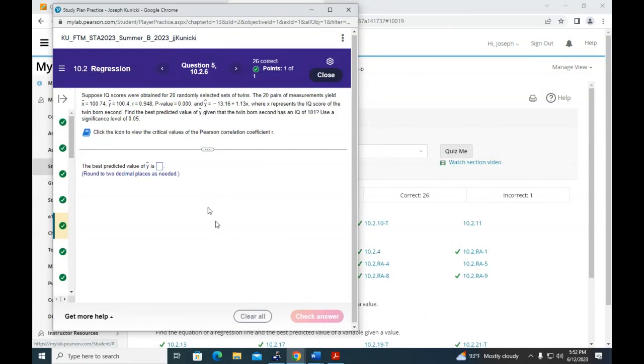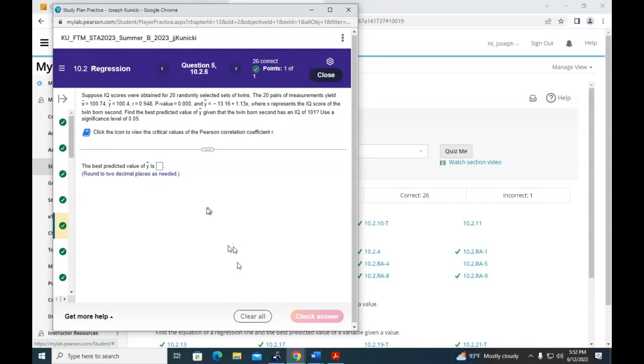Number 6. Suppose IQ scores were obtained for 20 randomly selected sets of twins. The 20 pairs of measurements yield an average X, an average Y, a correlation coefficient, a p-value, and a regression line. So we don't have the raw data. They just gave us the results of those 20 data points.